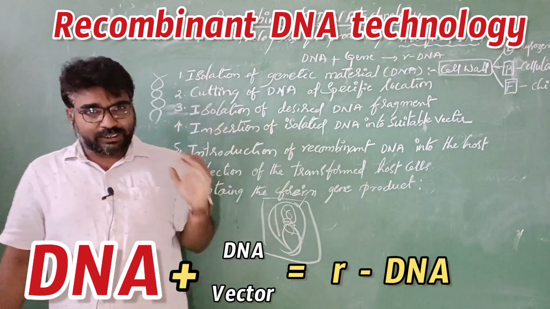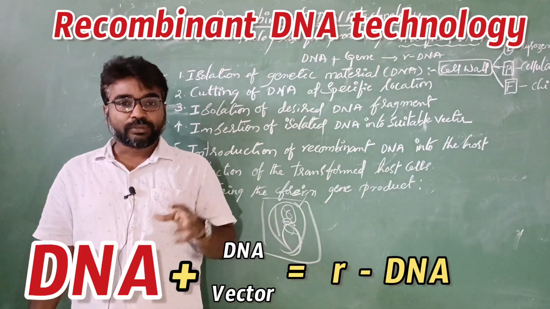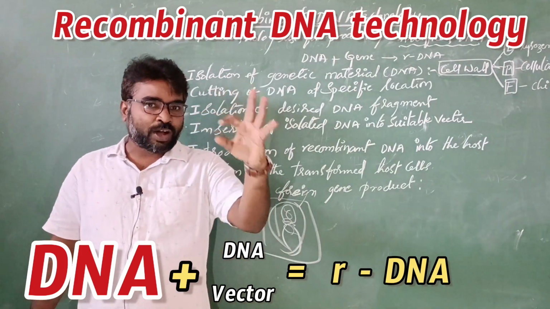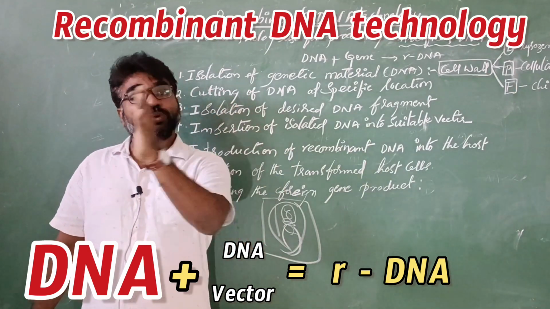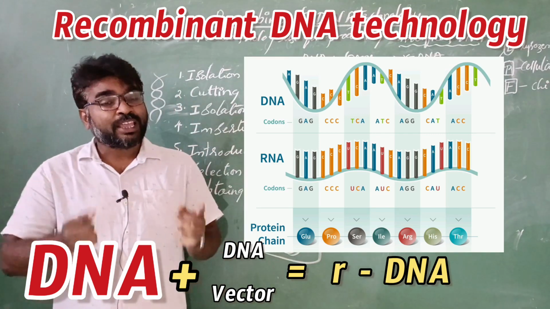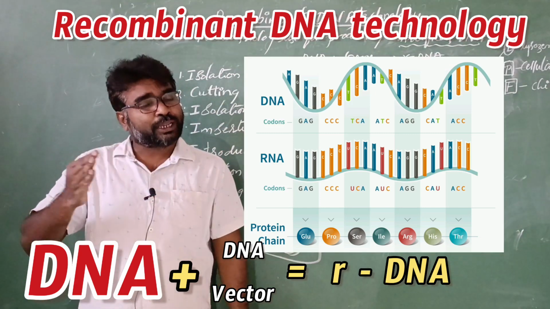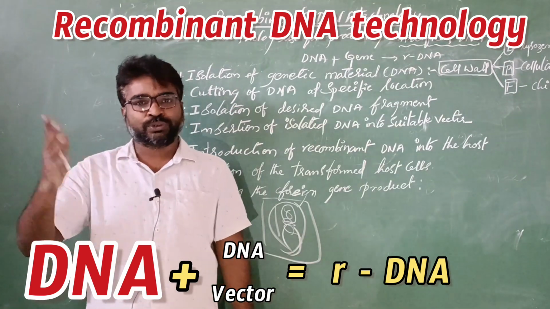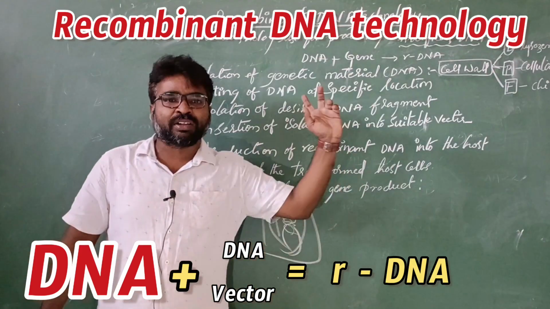The second case, a gene is present. The gene product. Sir, what is gene product? Gene product means the gene consists of information in the form of codons. Those codons have information. It produces some protein depending upon the information present on the DNA. The proteins are produced according to the information present on the DNA.